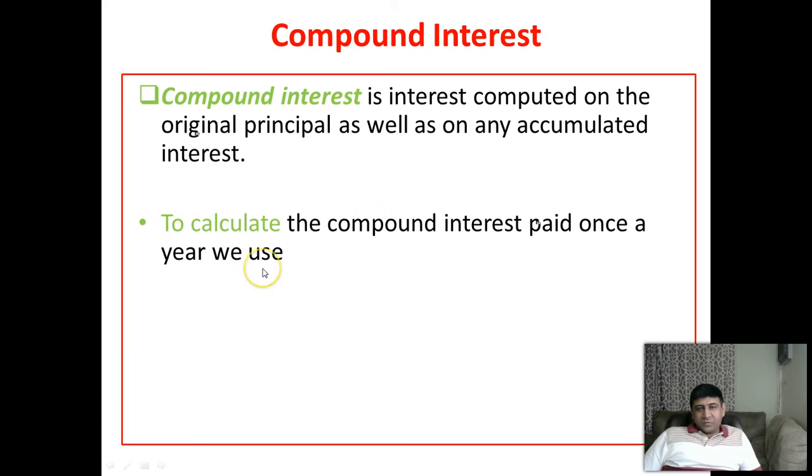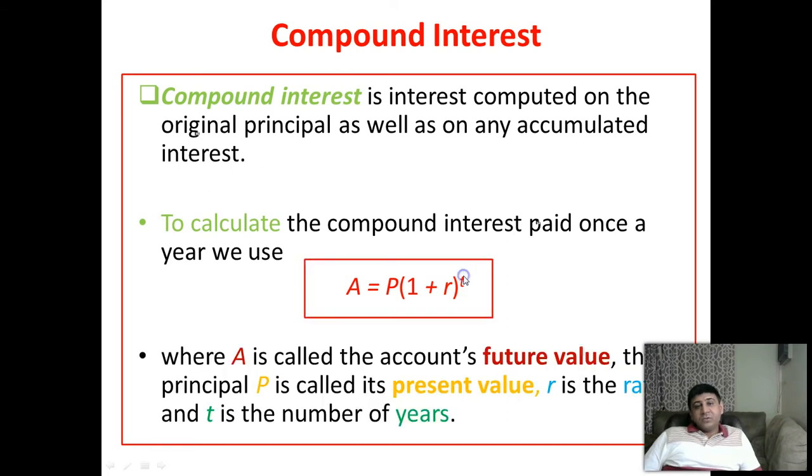Let's start with the simple case, where compound interest is paid only once a year. The formula is A equals P times (1 plus r) to the power t, where t is in the exponent.